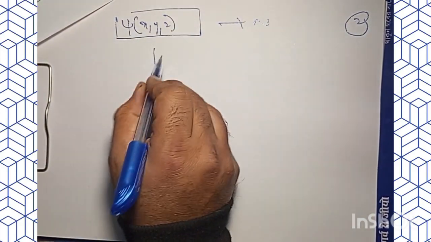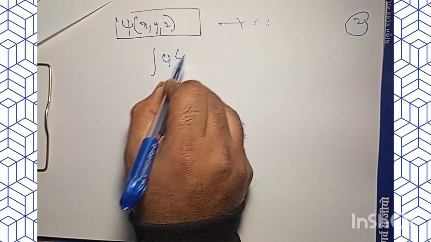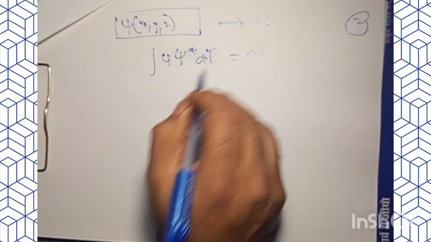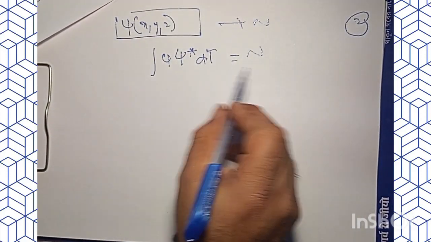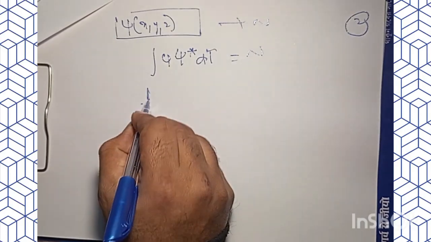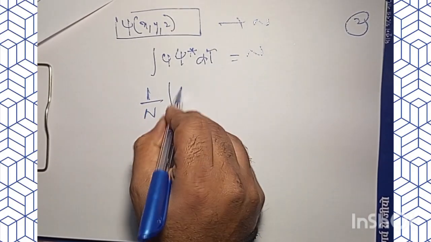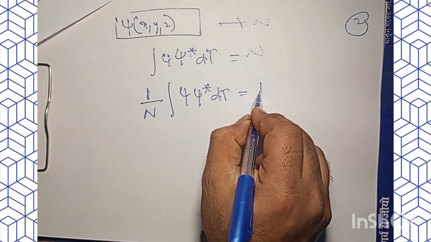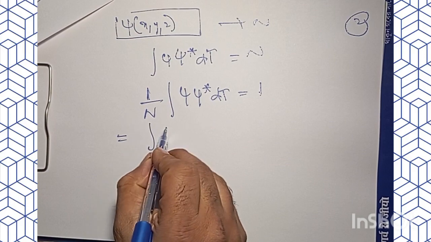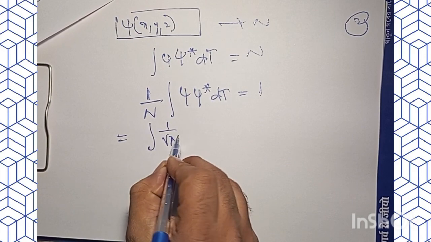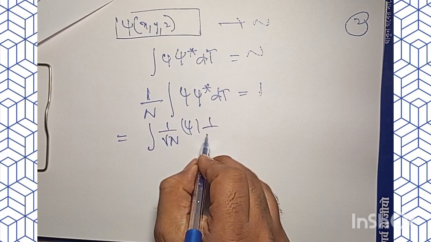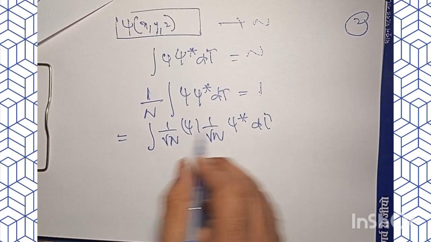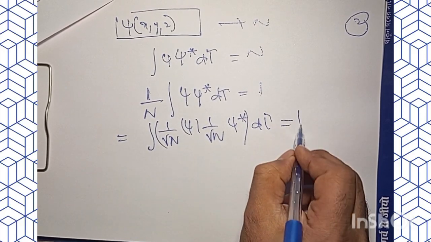So the integral of psi star psi d tau comes out to be N. Now all I can do is bring that N here, so that the integral of psi star psi d tau equals 1. I can write it as the integral of (1 by root N psi) star times (1 by root N psi) d tau equal to 1.